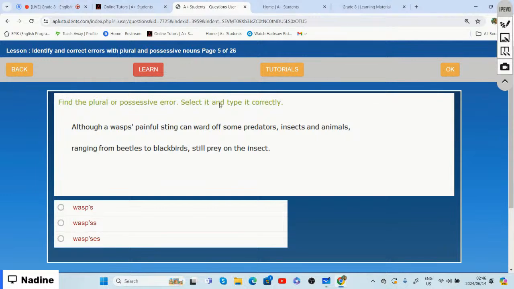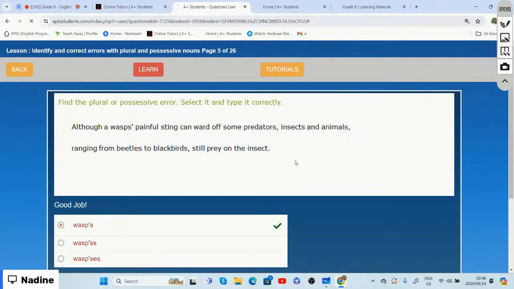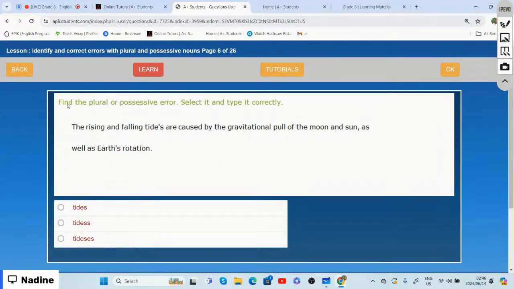And we say although a wasp's, because we're referring to one wasp, so that wasp's sting, they are still preying on insects.